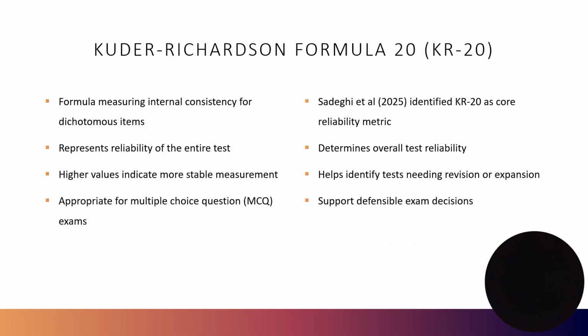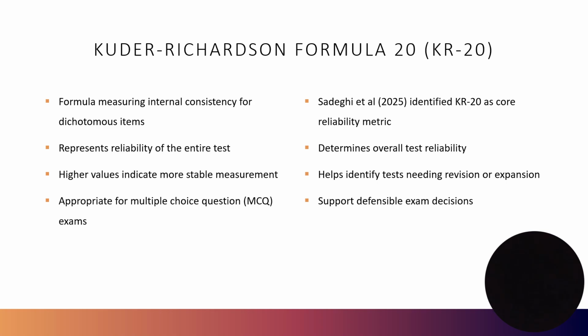The Kuder-Richardson Formula 20, or KR20, evaluates internal consistency of dichotomous exam items. A high KR20 indicates that exam items measure similar constructs and produce consistent results. Reliability values above 0.70 are acceptable for most academic exams.